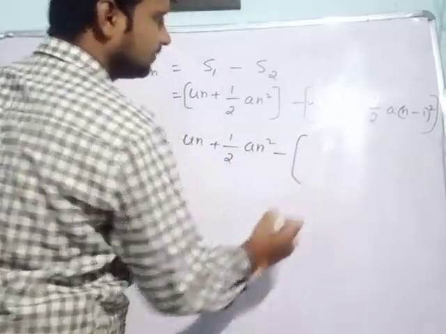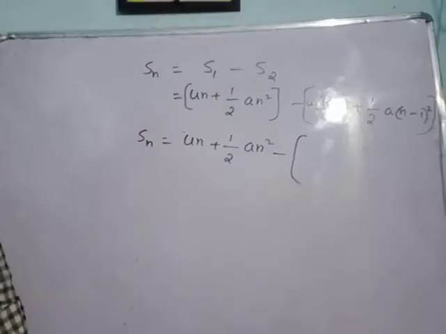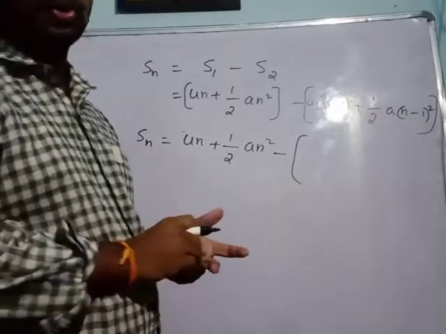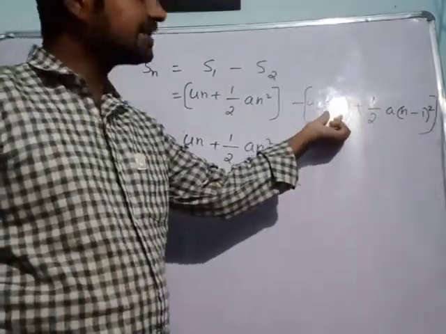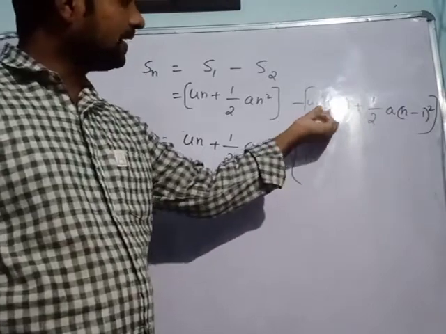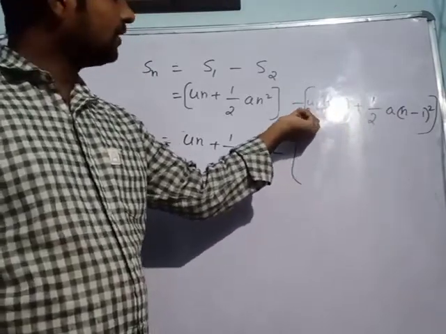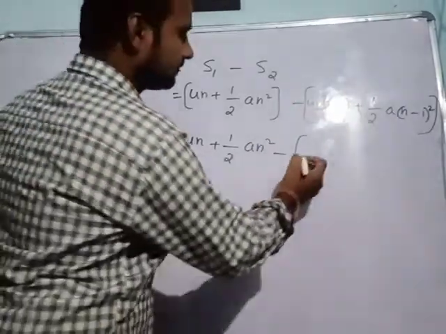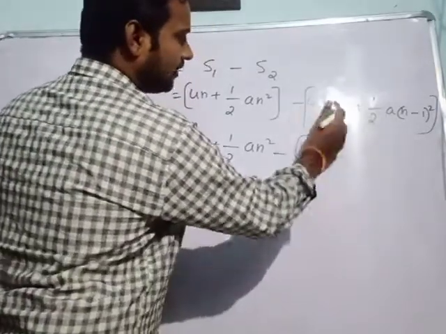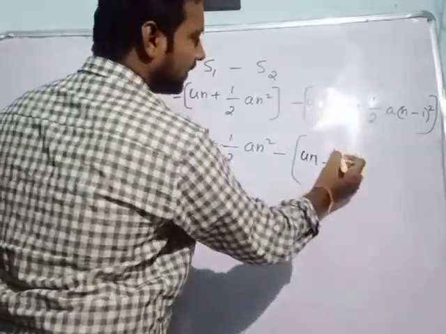minus. Now apply multiplication of binomial into monomial here. So u is applied to n minus 1: u into n is un, minus u into 1 is minus u.